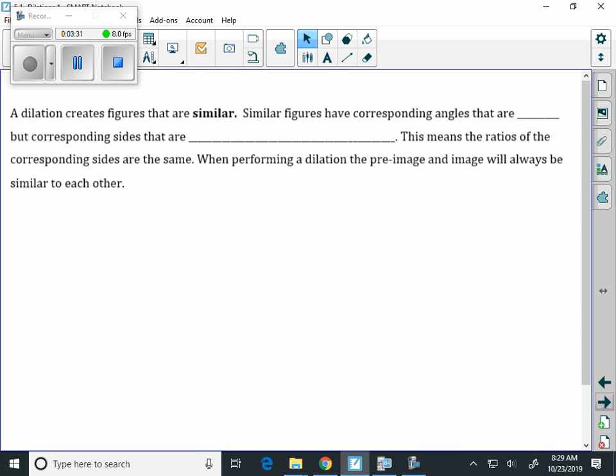Dilation creates figures that are similar. And what happens with regard to similar figures is that corresponding angles are congruent, but corresponding sides are proportional.